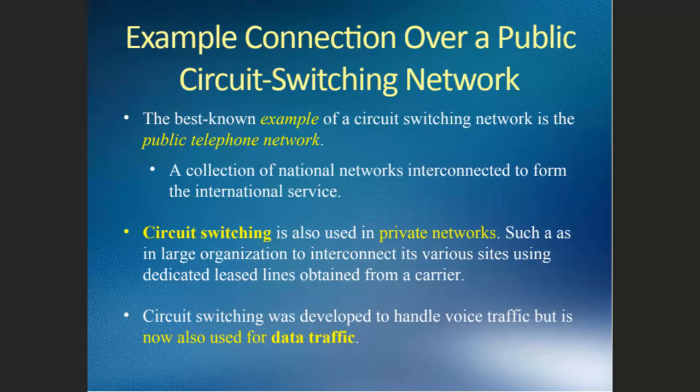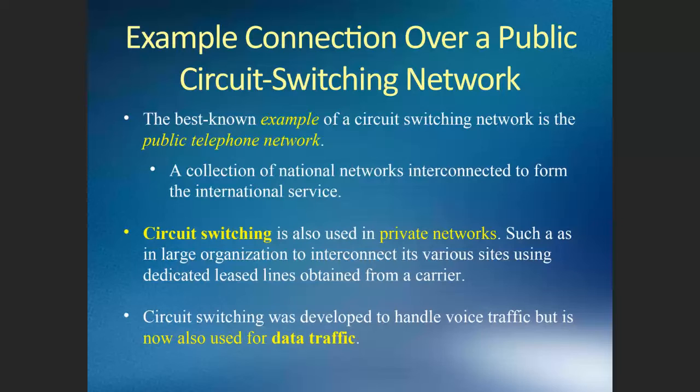Circuit switching is also used in private networks, such as in large organizations to interconnect its various sites using dedicated leased lines obtained from a carrier. These are from a long time ago for big companies. They have big headquarters, thousands of users. Then they can have their own circuit switched private network.